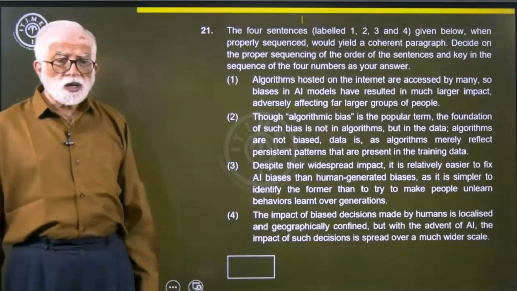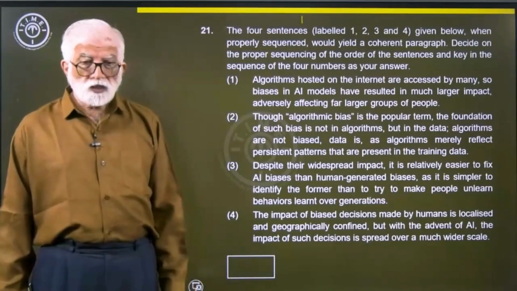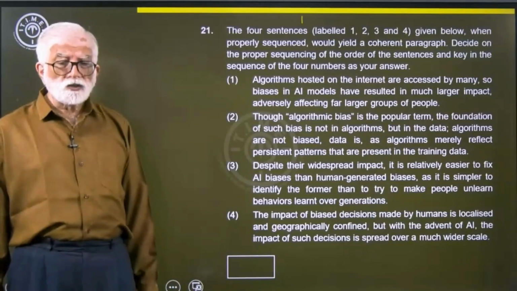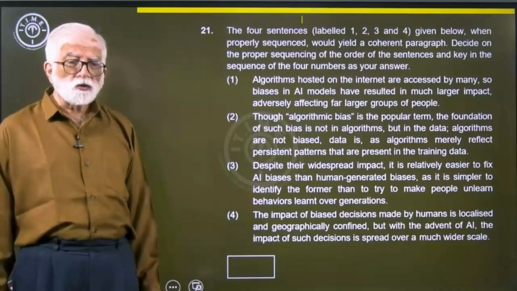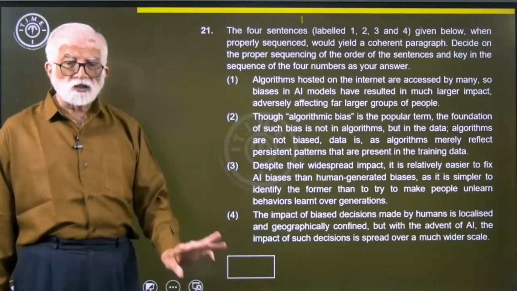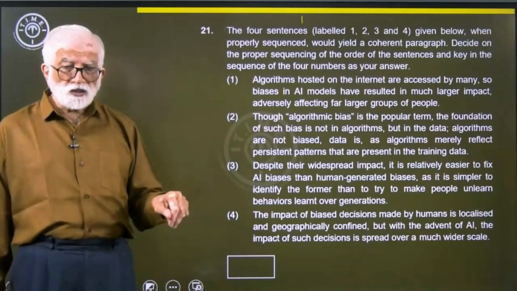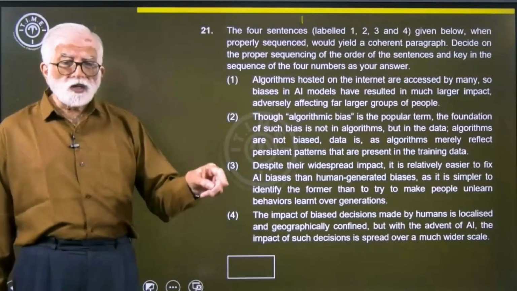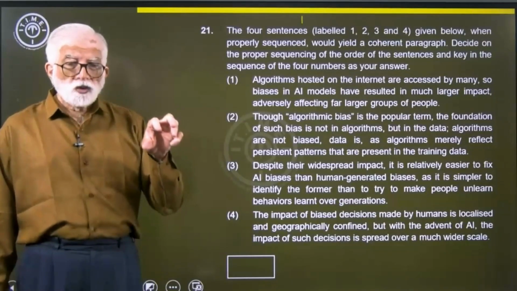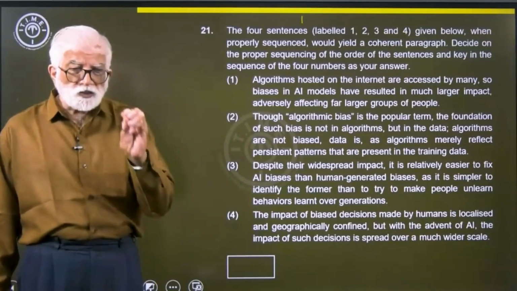Okay. Though algorithmic bias is the popular term, the foundation of such bias is not in algorithms, but in the data. Algorithms are not biased. Data is, as algorithms merely reflect persistent patterns that are present in the trained data. Now, when you say so many biases have resulted in much larger impact, the person explains the biases.